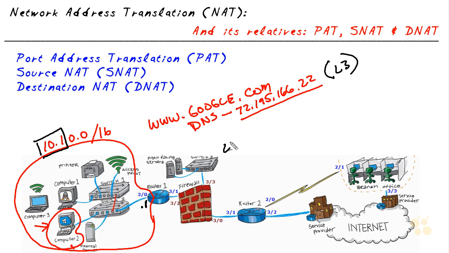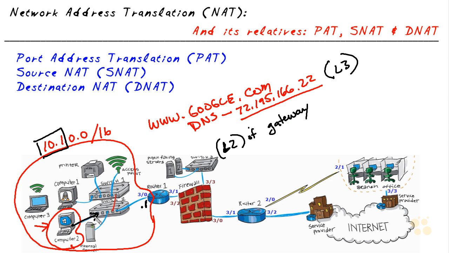But at layer 2, Bob would forward that to the layer 2 address of its default gateway. And if Bob's computer did not yet know the layer 2 address of the default gateway, it would use an ARP request, ARP, Address Resolution Protocol, to determine what the layer 2 address is that corresponds to the default gateway of .1. And that would be sent into the network.